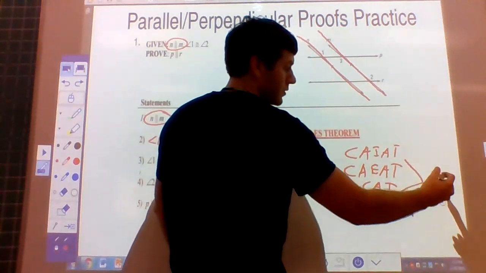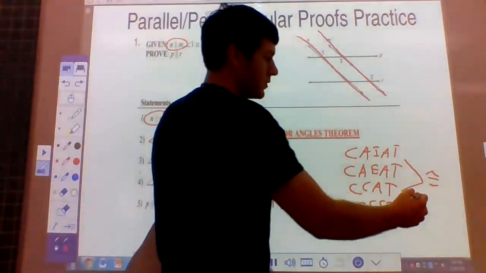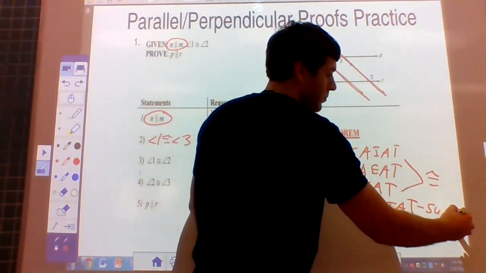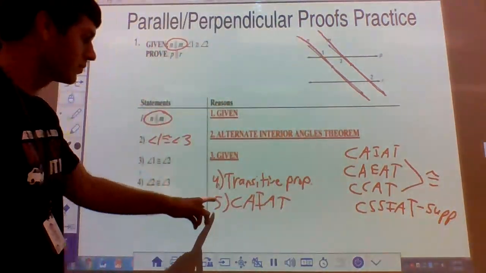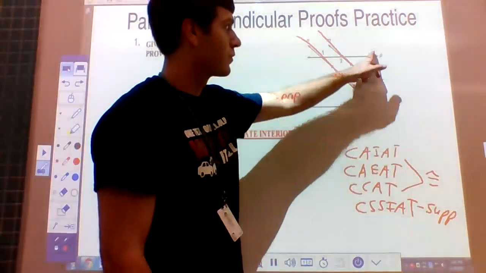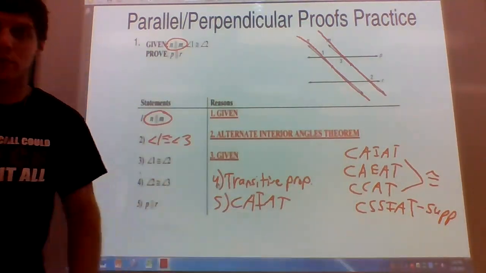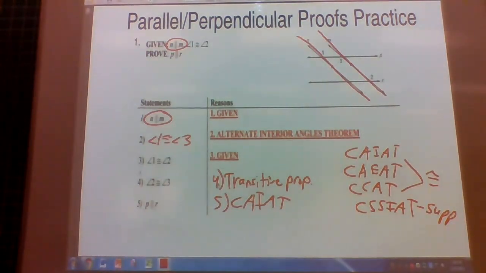We need these kinds of angle pairs to be congruent. If they're congruent, we can say the lines are parallel. In this one, if same side interior angles are supplementary, we can say the lines are parallel. So here we have alternate interior angles that are congruent. Therefore, the lines P and R are parallel by the converse to the alternate interior angle theorem.